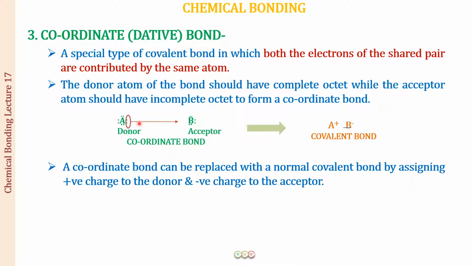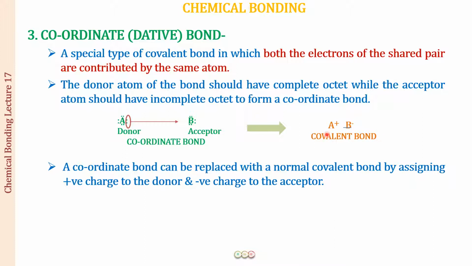Now, whenever a covalent bond is formed, atom A would give one electron, atom B would give another electron. So, from these two electrons, one has to be supplied by A, so that it is kept in the center. And the second one, which was extra to it, we can say has moved from A to B. So when an electron is lost by atom A, we say that it is going to be a positive charge. And when an electron has been gained by atom B, we are going to call this a negative charge.